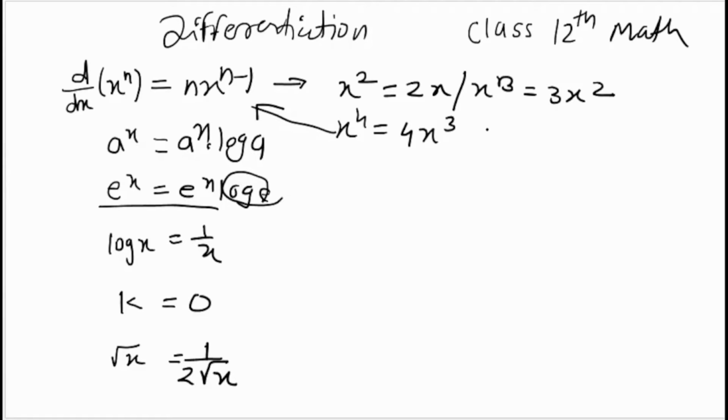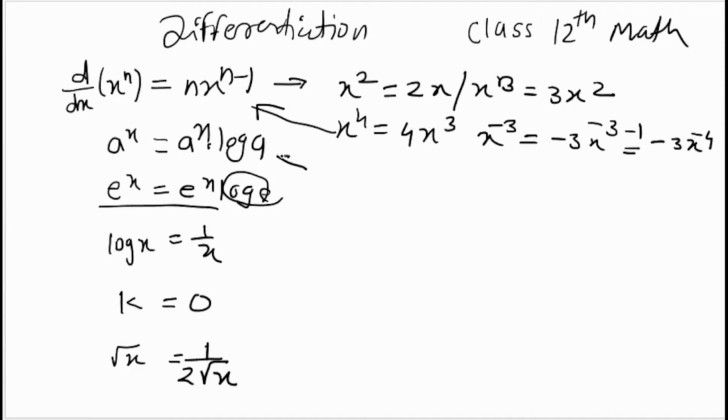And for a negative power, the derivative of x raised to minus 3 is minus 3 x raised to minus 3 minus 1, so it becomes minus 3 into x raised to minus 4.